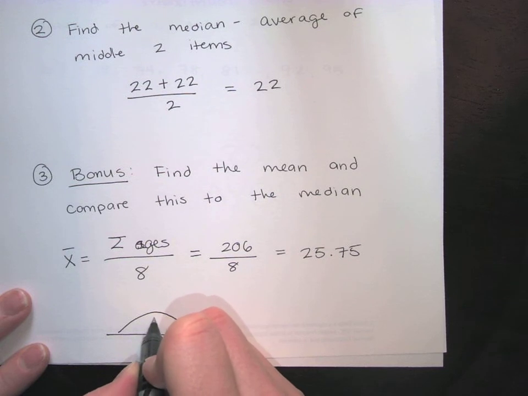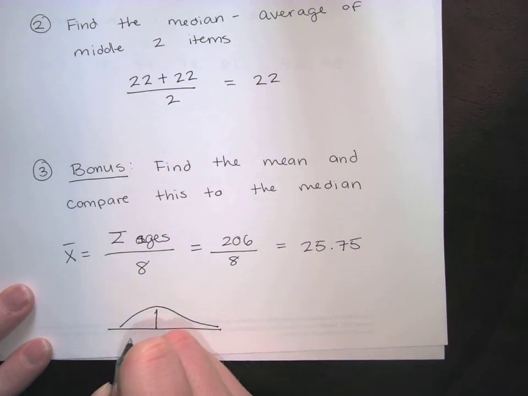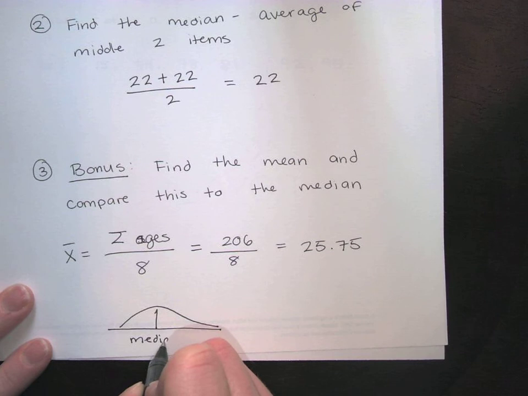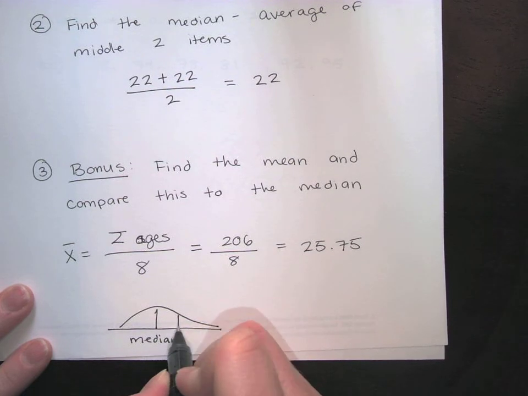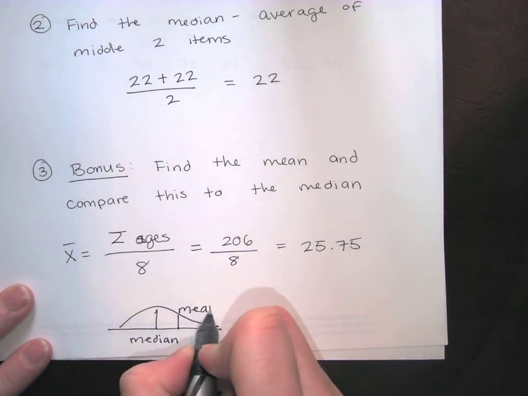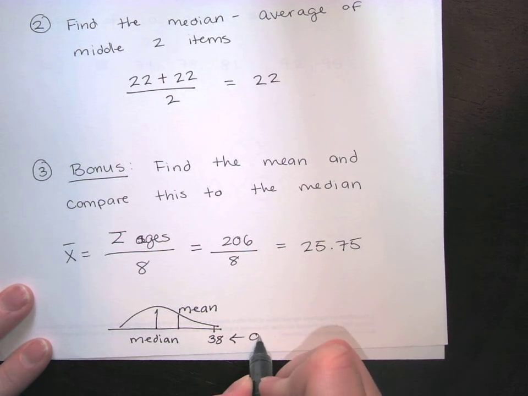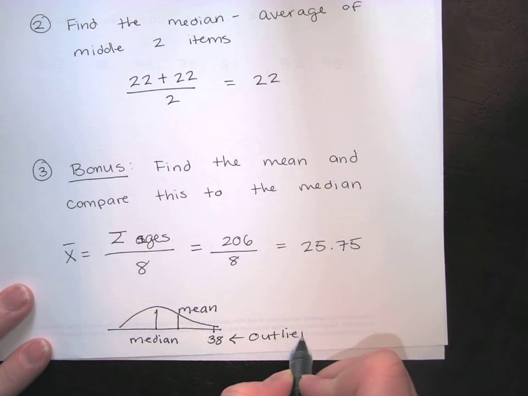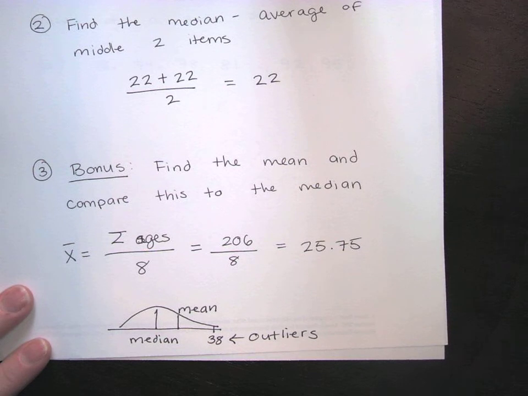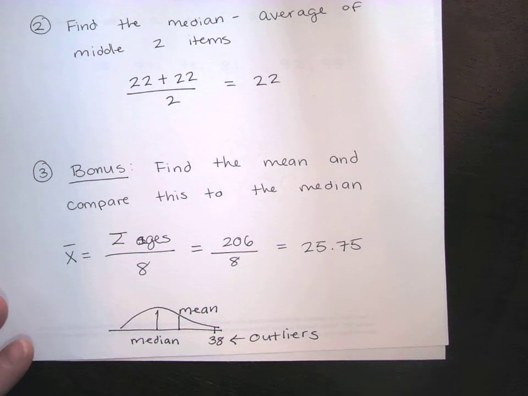So our median is over here. But our mean is pulled up because of outliers that we have. And we'll probably talk about that more in upcoming sections.